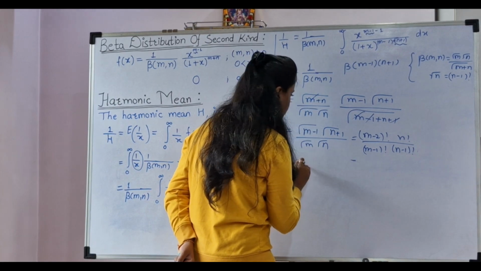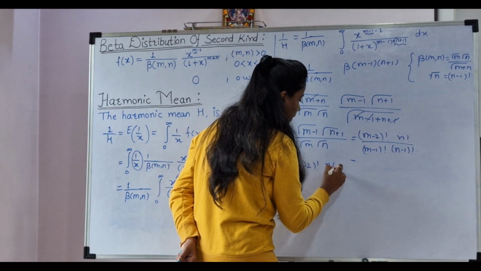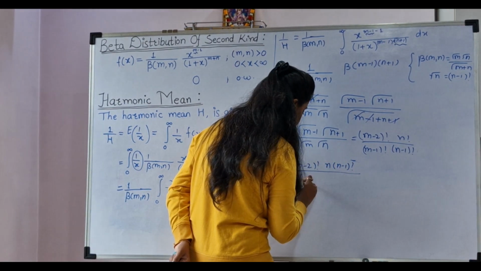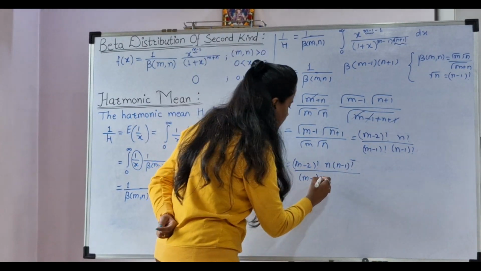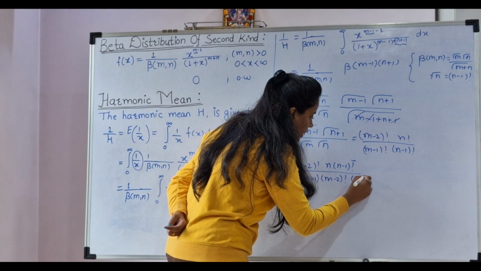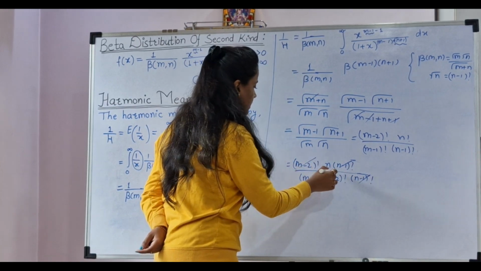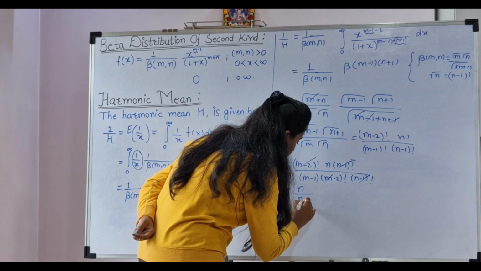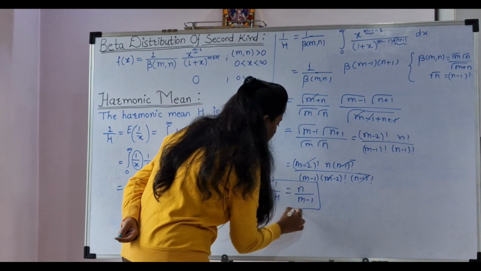We get m minus 2 factorial, let's keep it as it is, n into n minus 1 factorial, and here let's expand m minus 1 factorial. So we will get m minus 1 into m minus 2 factorial into n minus 1 factorial. The n minus 1 factorial will get cancelled, m minus 2 factorial will get cancelled, and we will get n upon m minus 1 as the value of 1 upon h.